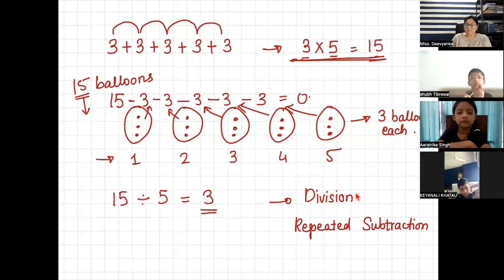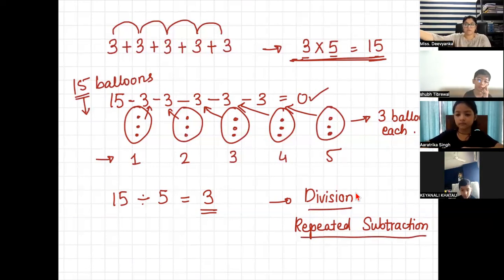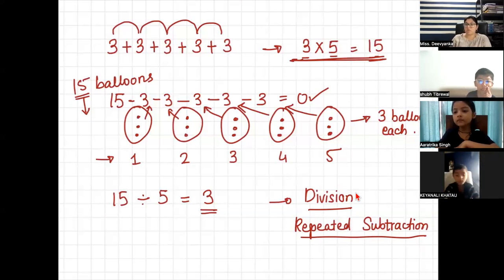That means I have divided it equally among all the children. So multiplication is repeated addition. You're growing the numbers. And division is exactly the opposite of that. You're dividing them, means you're doing repeated subtraction, and you're coming back to 0 once you do equal distribution. Okay? Are we clear what both the terms mean?